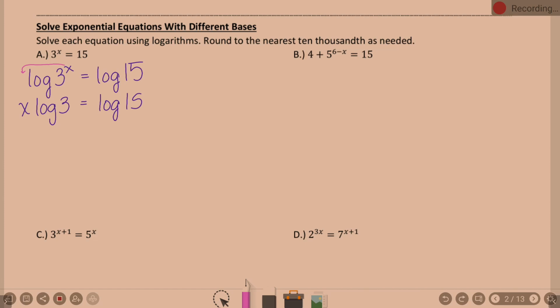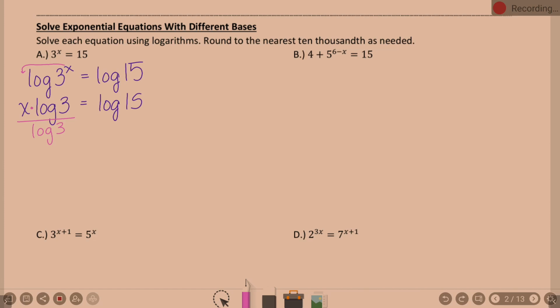Okay. How are the x and the log 3 currently together? It's x times log 3, yes? So how do you break apart multiplication? You divide, right? To break apart this multiplication, we're going to divide. If we're wanting to get x by itself, what do we divide by? Log of 3. Well, you know what's coming next.